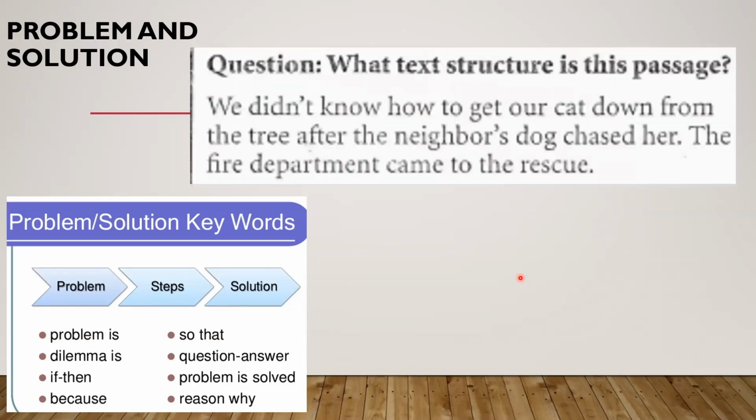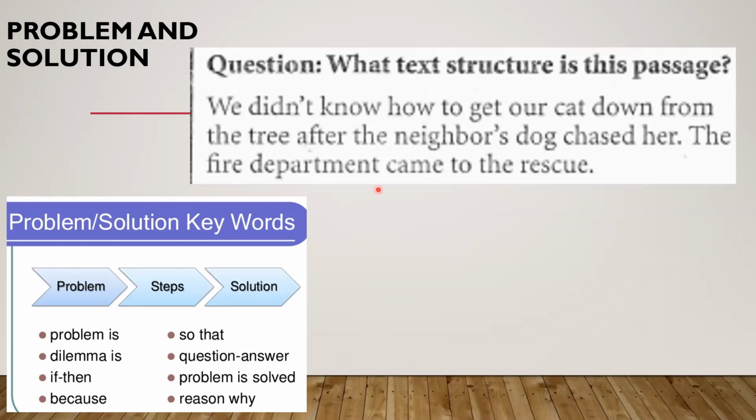So here's the passage that we're going to work with. We didn't know how to get our cat down from the tree after the neighbor's dog chased her. The fire department came to the rescue. So, since we noticed that none of these words are in our passage, we are going to look for the problem and the solution.